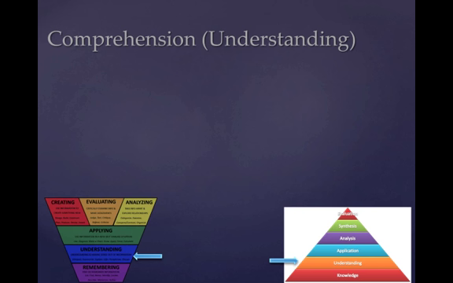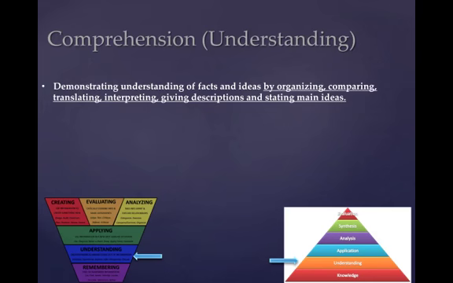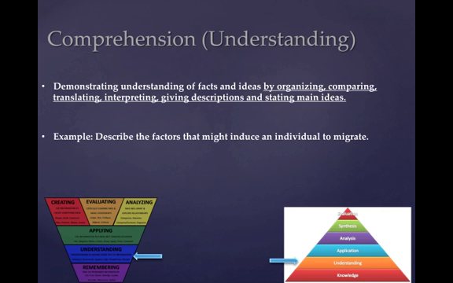Okay, next one is comprehension. Comprehension is demonstrating understanding of facts and ideas by organizing, comparing, translating, interpreting, giving descriptions, and stating main ideas. Okay? So an example of that may be describe the factors that might induce an individual to migrate.